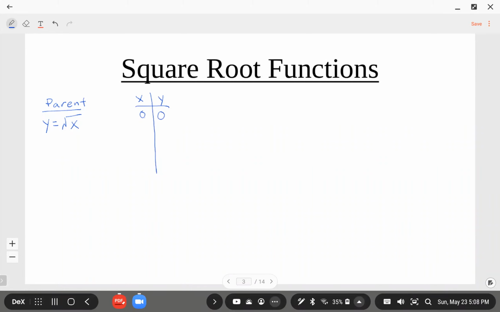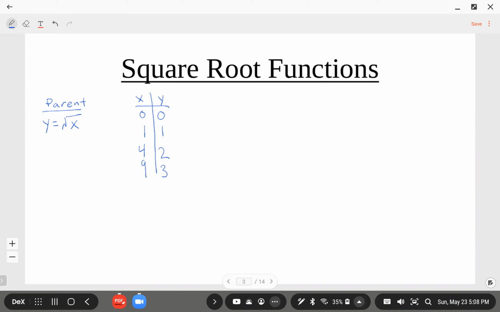And then x is 1, and then y would also be 1. Let's say x is 4. Then y would be 2. X is 9. Y would be 3. Okay, it's just y is the square root of x.